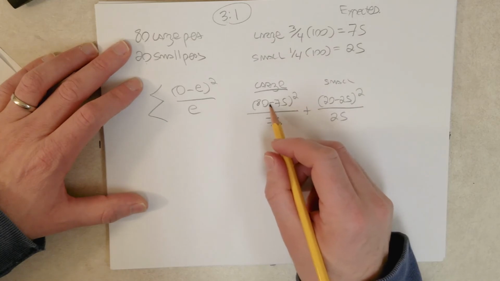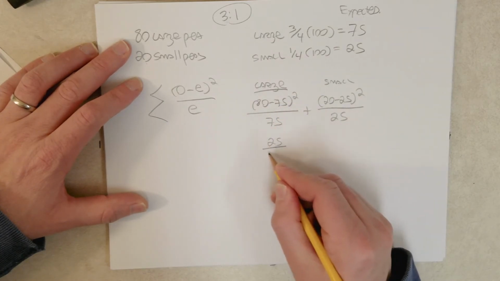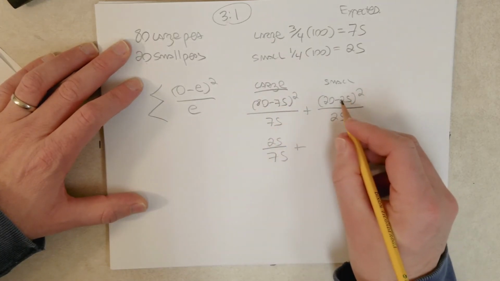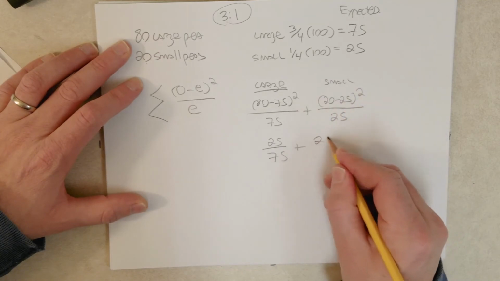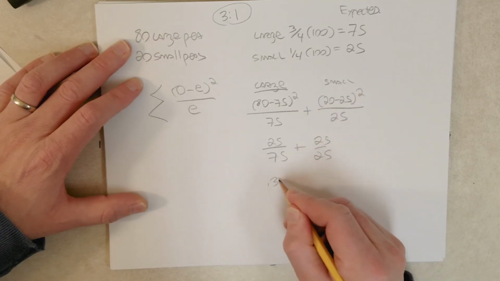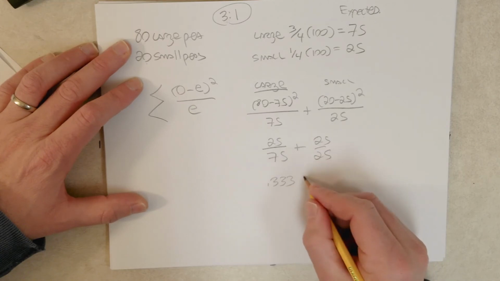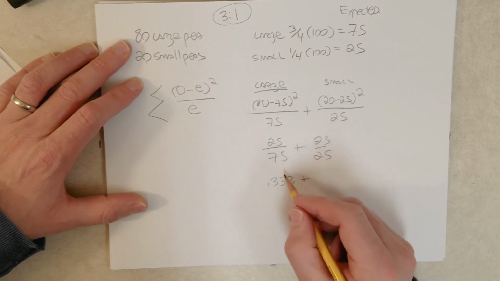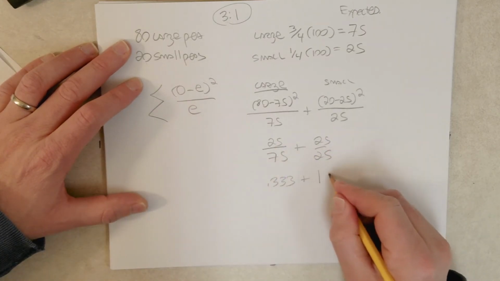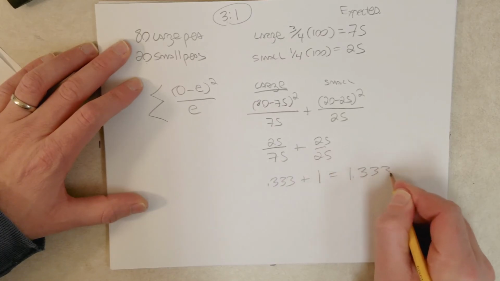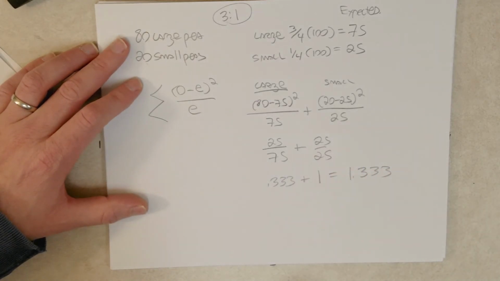Some basic arithmetic, we will have 25 over 75 plus 25 over 25, so 0.333 approximately, or 1/3, plus 1 equals 1.333. So that's the chi-square value.